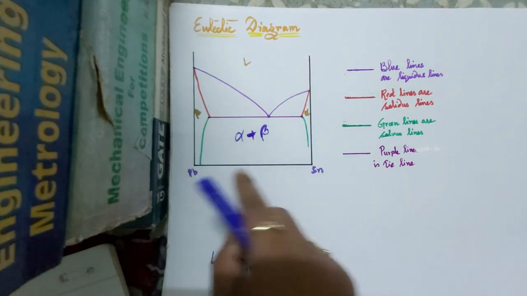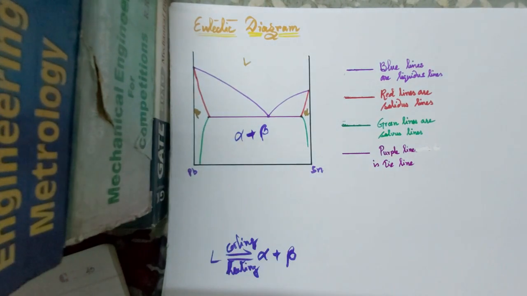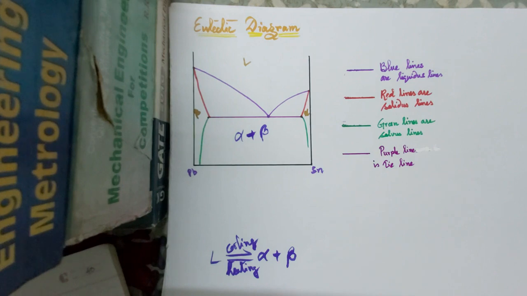Or we can define it as: the Solvus line represents the locus of solubility limits for the solid solution in a multi-component system. So the system should be a multi-component system. This is the definition of Solvus line.